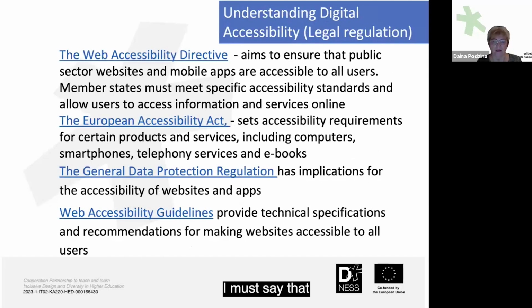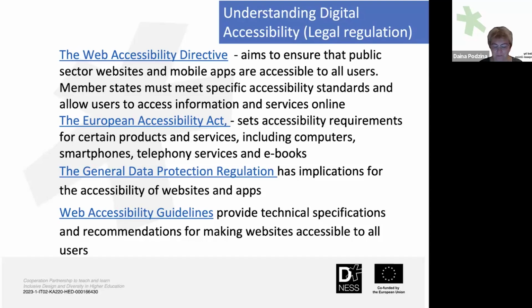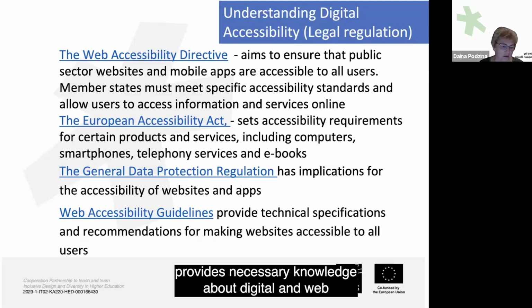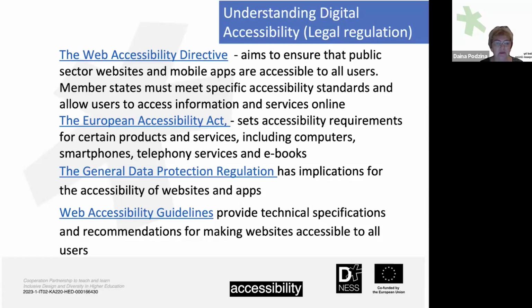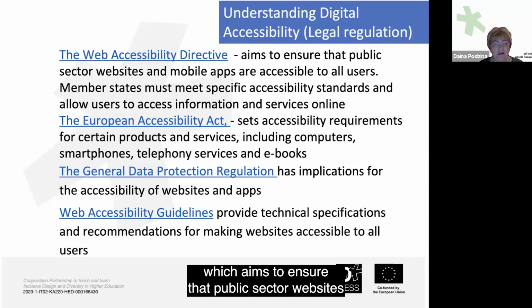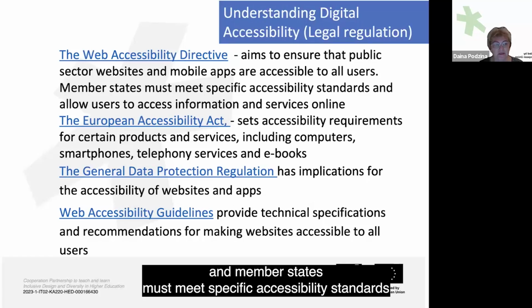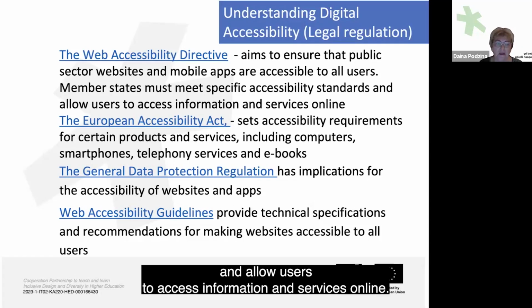So, I must say that once again there is no single legal act which provides the necessary knowledge about digital and web accessibility, but we can speak about three of them. The main important one is the Web Accessibility Directive, which aims to ensure that public sector websites and mobile apps are accessible to all users, and member states must meet specific accessibility standards and allow users to access information and services online.